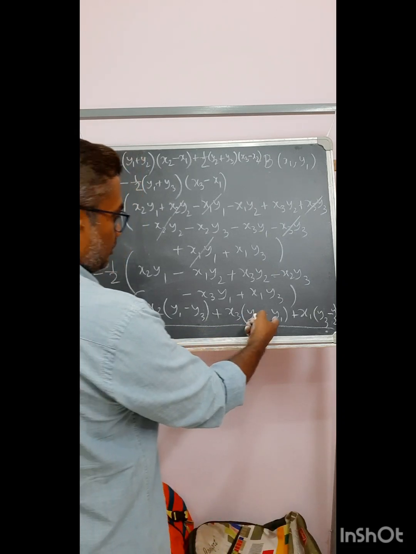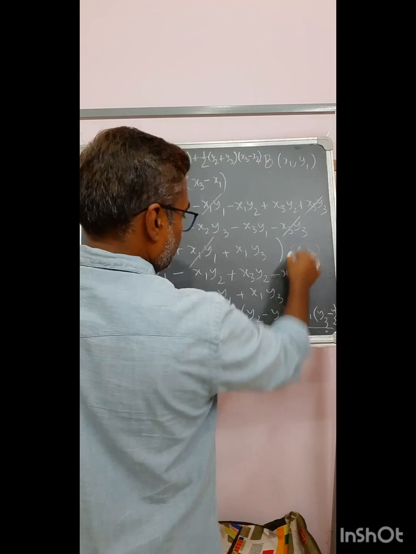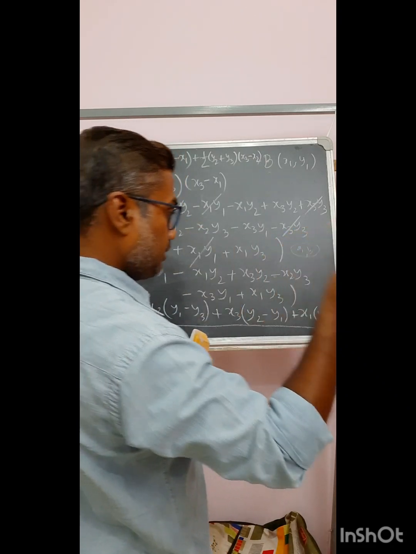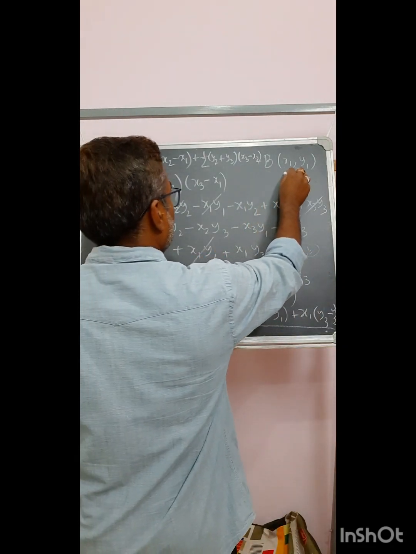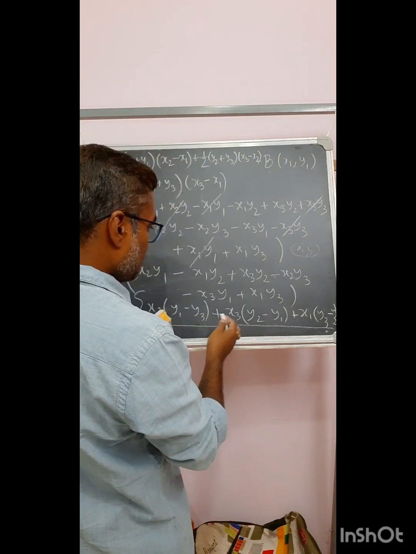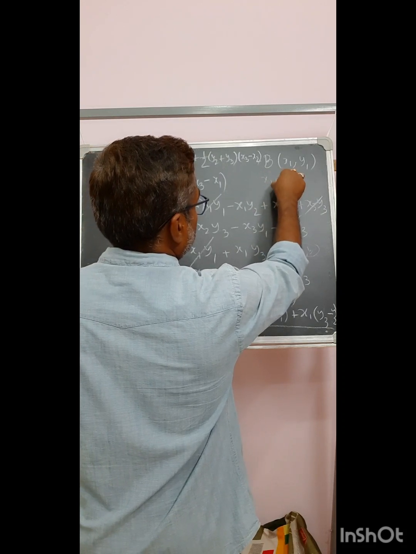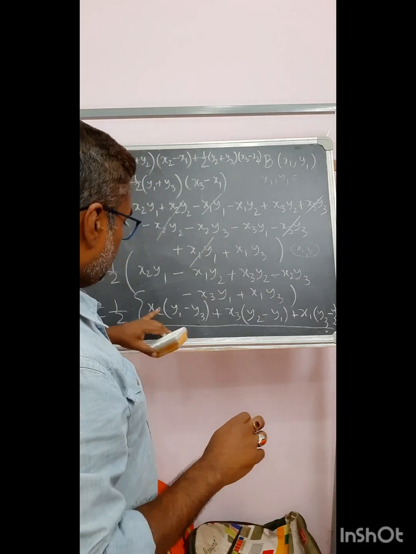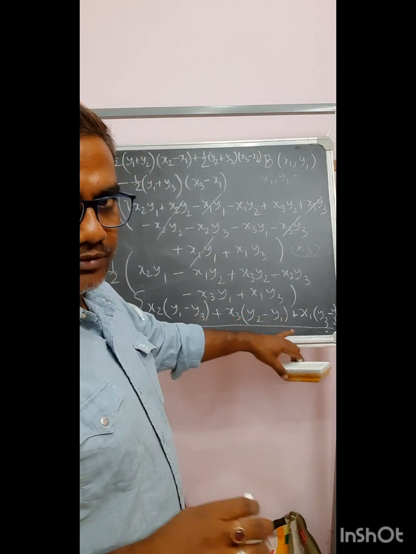The position of x1 y1 may be high because the values may be high, so accordingly the sign may change, but you have to keep the notation correct. If you assume the three points are given, and you are assuming x1 y1, then during putting the values you have to be very cautious where you are putting the values.